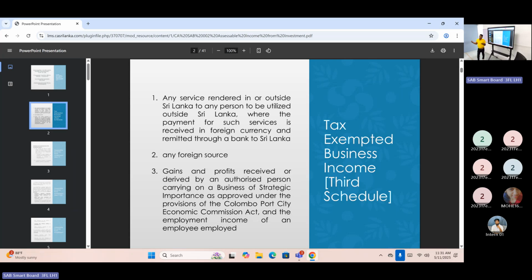Unlike goods, where people export goods, there is a customs point where we can capture valuation, quantity and everything, but not in services. Another thing is foreign currency. The intention is to encourage foreign currency earning, because in Sri Lanka we have a foreign currency issue.